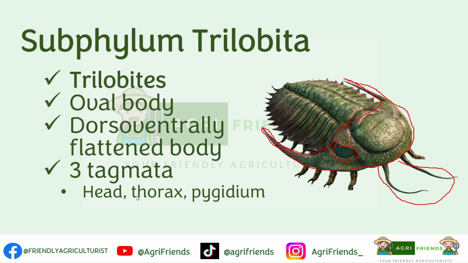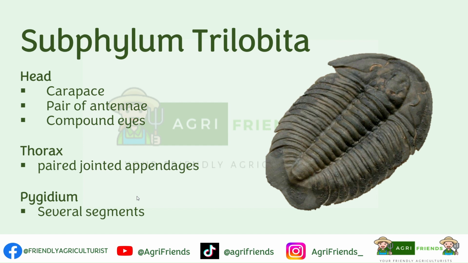While the thorax contains the paired appendages. The pygidium, depending on the species, might contain a single segment or up to 30 segments. These are fused, making the tail rigid.